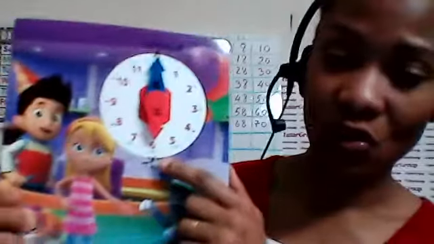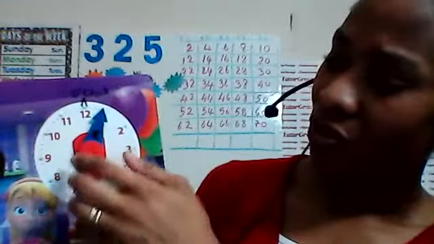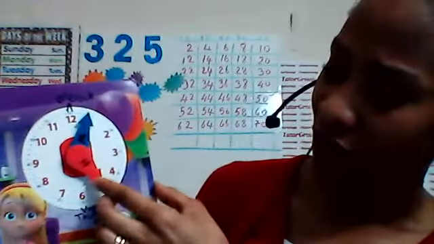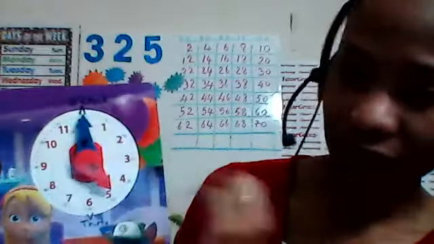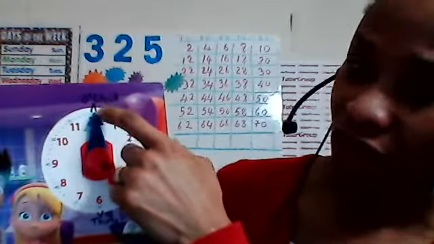We're now going to look at minutes past the hour, and we're going to be looking at chunks. We're going to be looking at half hours. So it's 6 o'clock, correct? Now we want to change it to 5 o'clock, first of all. And then we're going to change it to 5:30.